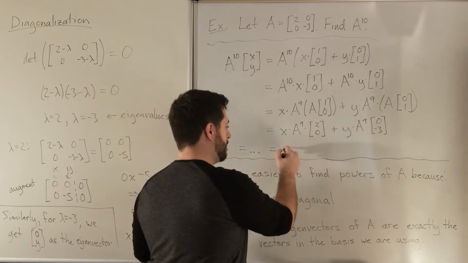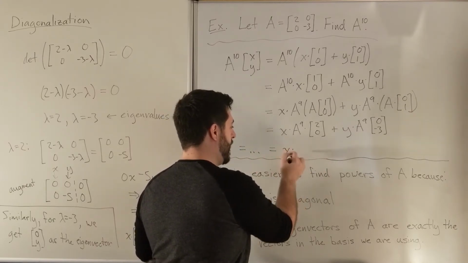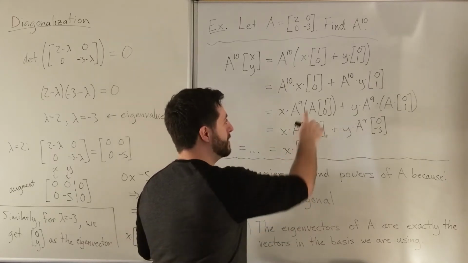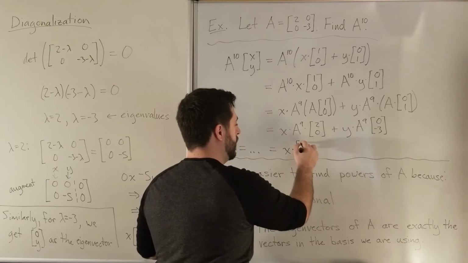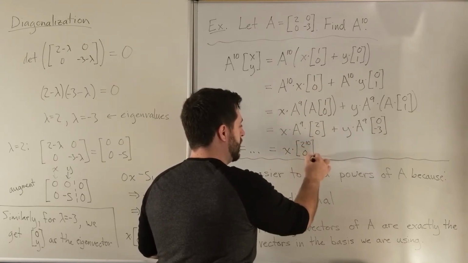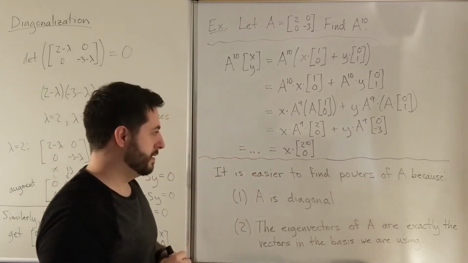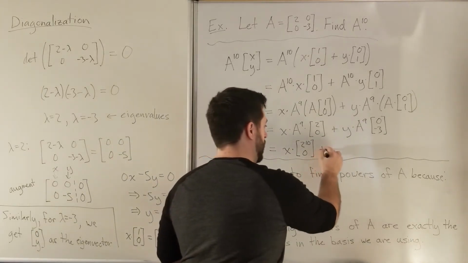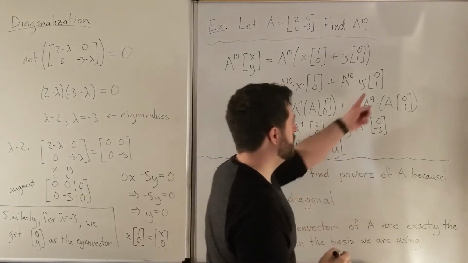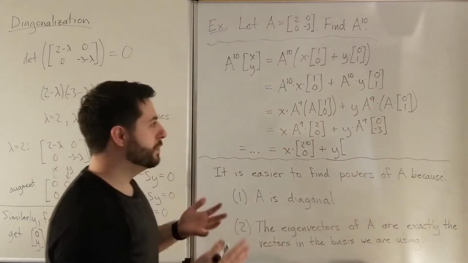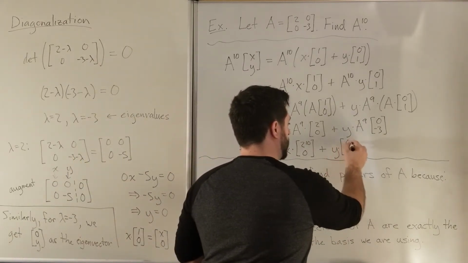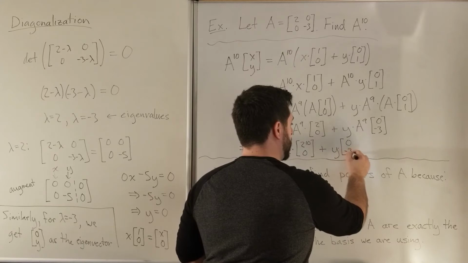After we do this 10 times, we're going to end up with x times, these things got doubled 10 times in total from the original numbers. And so we get 2 to the 10, and then 0 doubled 10 times is just 0 still. And these original 0 and 1 got multiplied by negative 3 10 times, and so we're going to get 0 and then negative 3 to the 10.